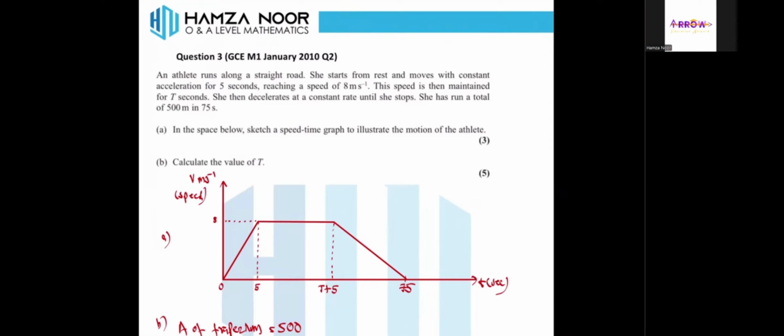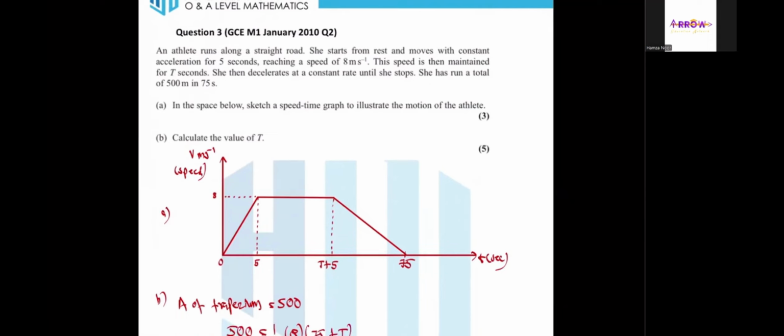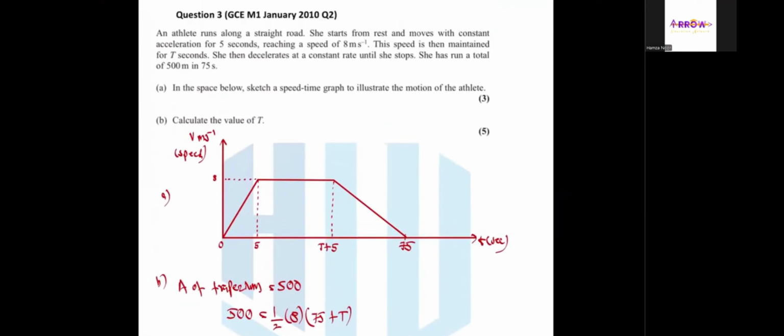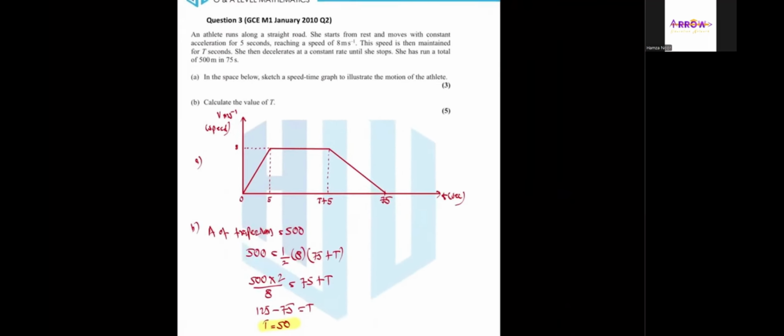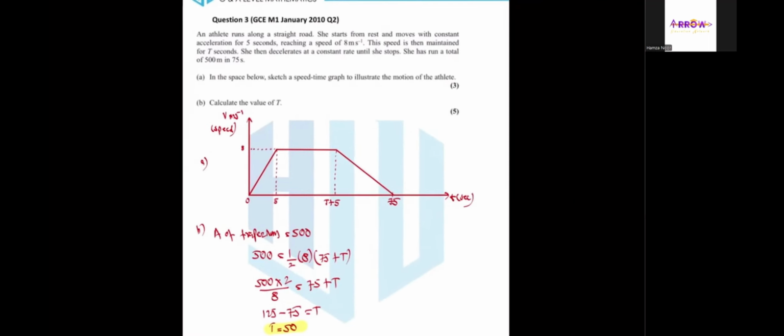Instead of making an error where you make this line steeper or with the same absolute value of the gradient as the acceleration journey, it's better to hold on, find the value of t first in part B, and then complete your sketch. So this was the explanation of this question.